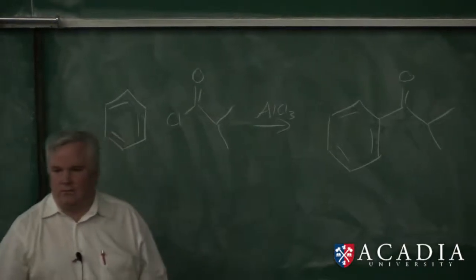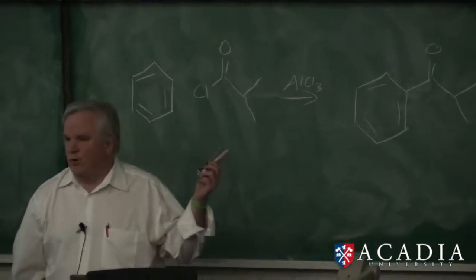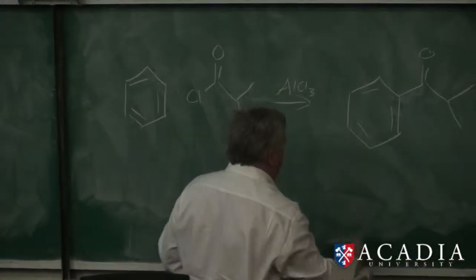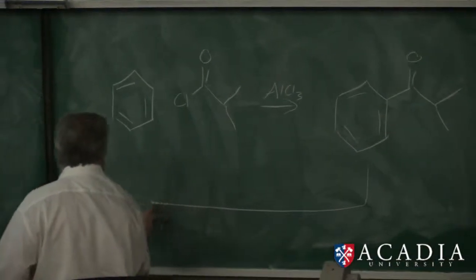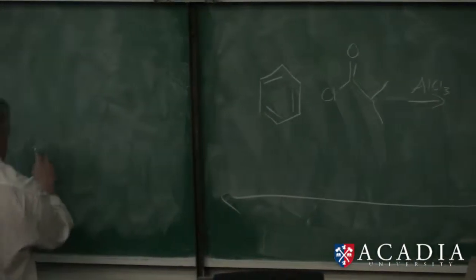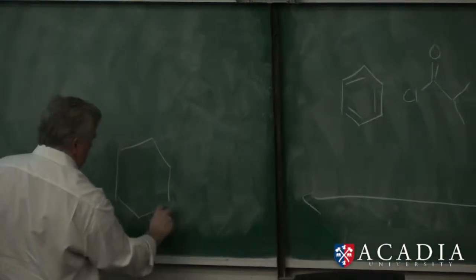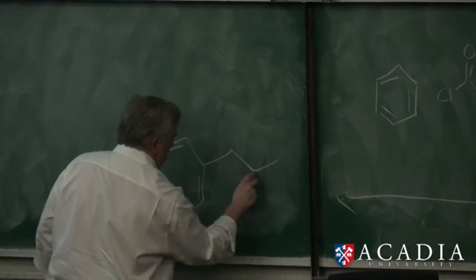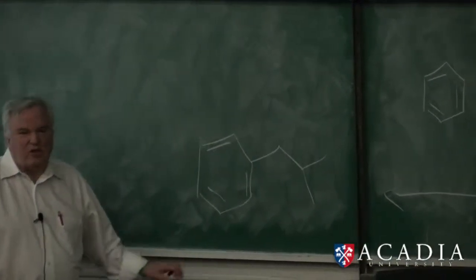Can we do anything there? What do we have to do to get from here to the compound that we're hoping to get? We're hoping to get this. Okay. What do we have to do?